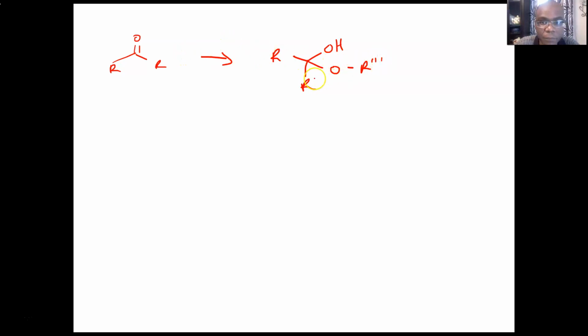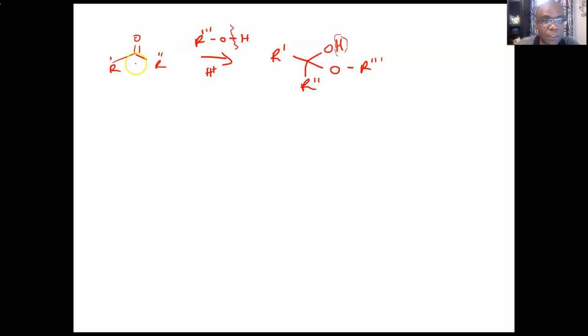In fact, R prime prime, R1, R2, R3 might be the same or different. Okay, and to do this, we said we need an acid catalyst, which will give us that hydrogen, and an alcohol, which will give us the RO, because this is going to be lost in the mechanism.